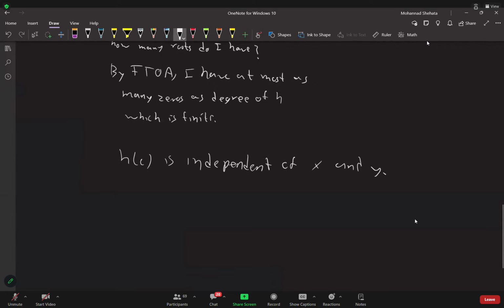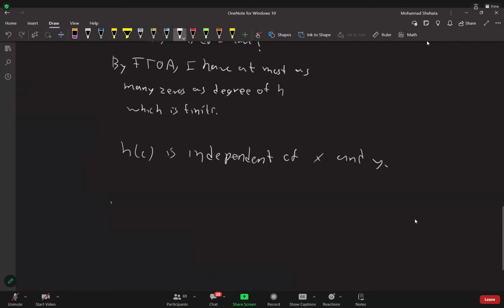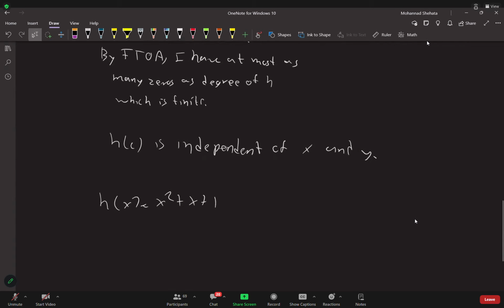If you want to be really accurate, the fundamental theorem of algebra says each non-zero polynomial has at least one complex root, right? So say h of x is equal to x squared plus x plus 1.